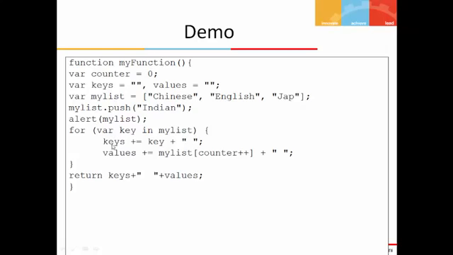When I say key, it's basically a variable which is of type string. But when I make use of key, key will act as an index of what is present in my list.